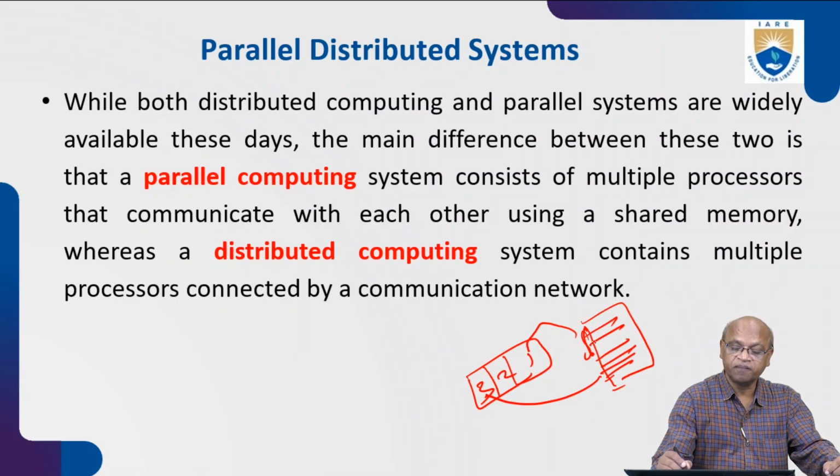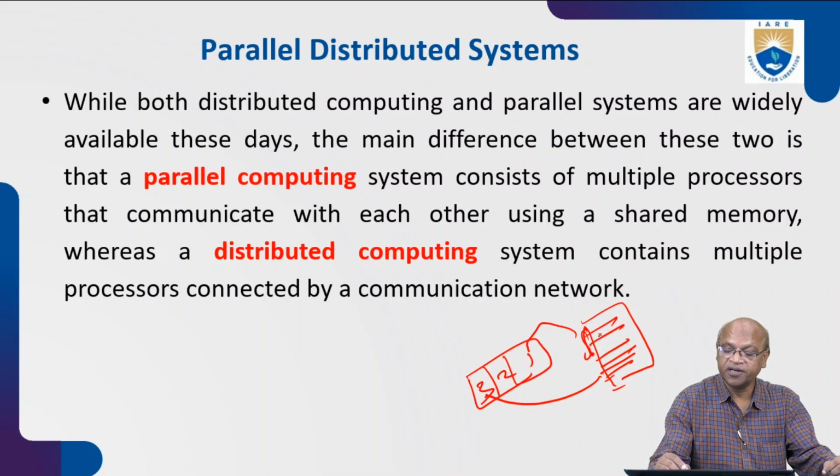So they will execute your program in parallel. This is parallel computing because the program is only one, but all three processors share the data in memory and run this program in parallel. This is called parallel computing.